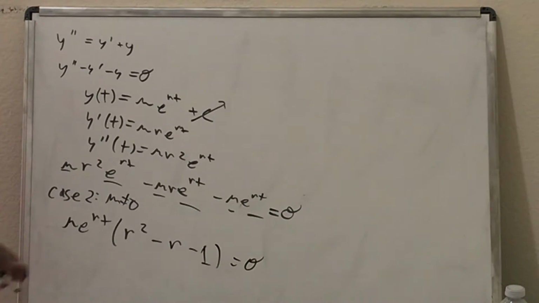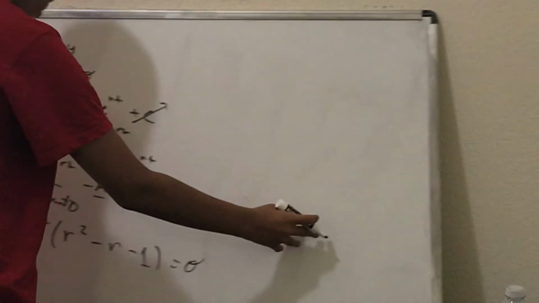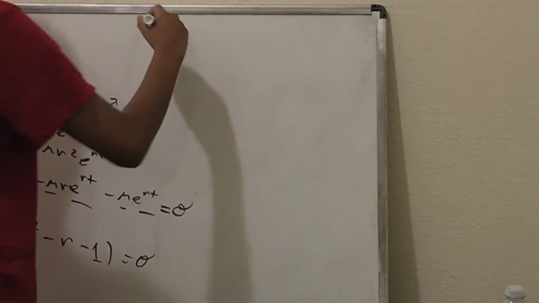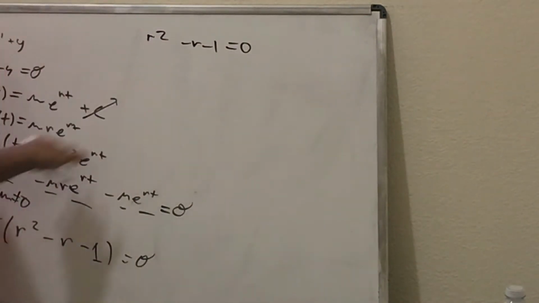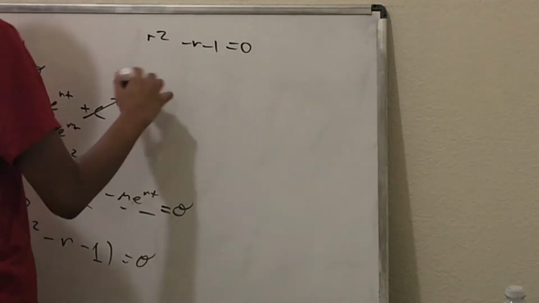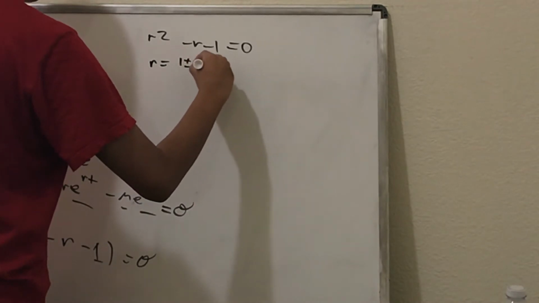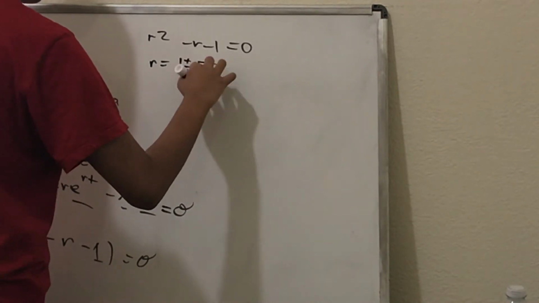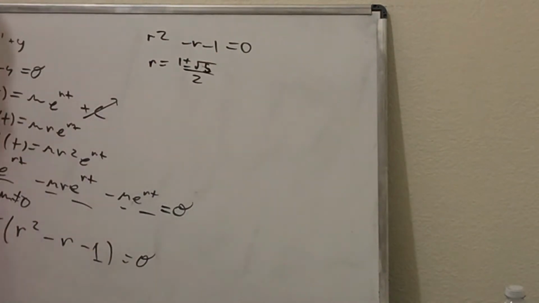Because mu is not 0, we can divide out by this, and we know e^(rt) is never 0. We get that r squared minus r minus 1 is equal to 0, and this is called the auxiliary equation.